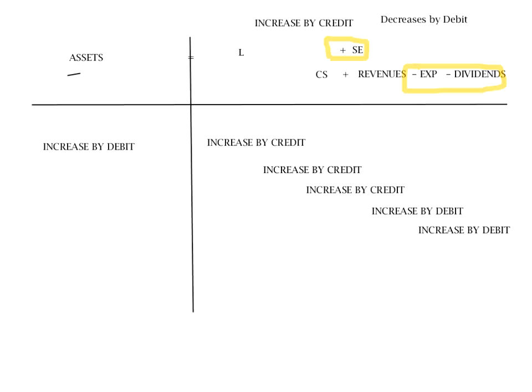So if we think about what happens when our expenses increase, we have a higher expense that's coming off our shareholders' equity, and so our overall shareholders' equity is in fact decreasing, and therefore we would indicate an increase in expenses by a debit. Okay? Same thing for dividends. An increase in dividends decreases our shareholders' equity and is therefore recorded as a debit.